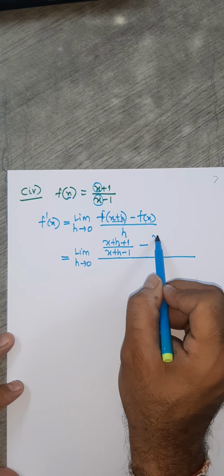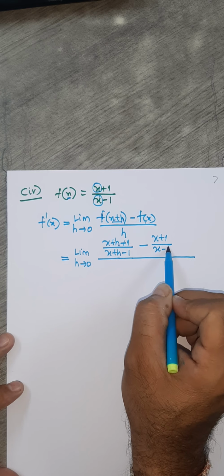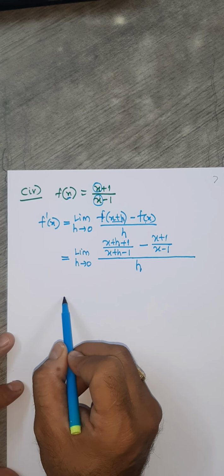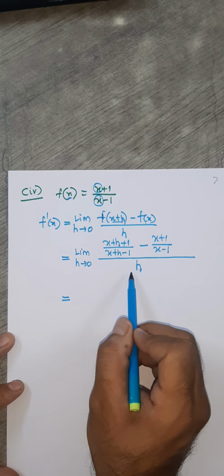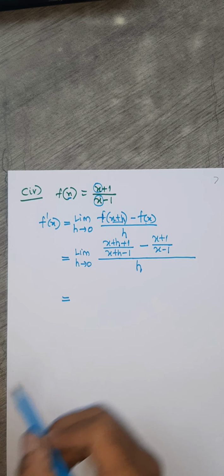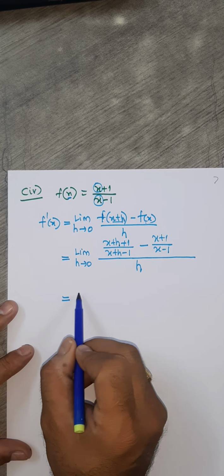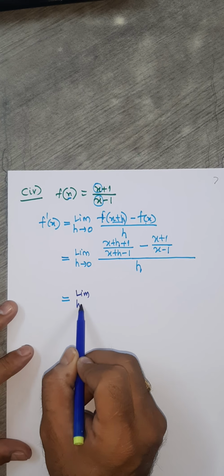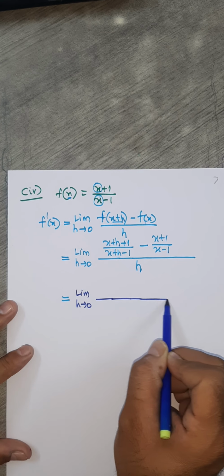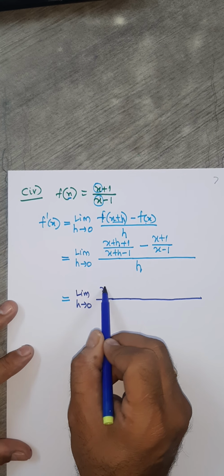Minus f(x) means copy the function upon h. Now again we simplify. We cancel h from the numerator and denominator. That's all in all about the solution. Okay, so here limit h tends to 0. We are simplifying the numerator. We'll do the cross multiplication.